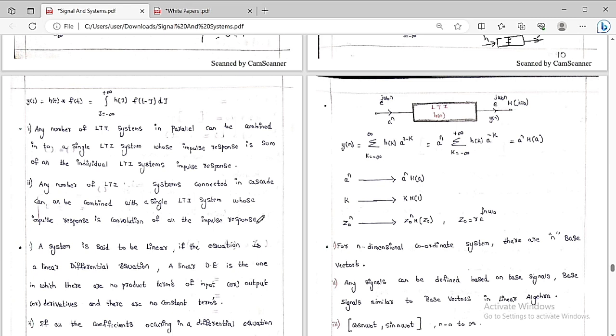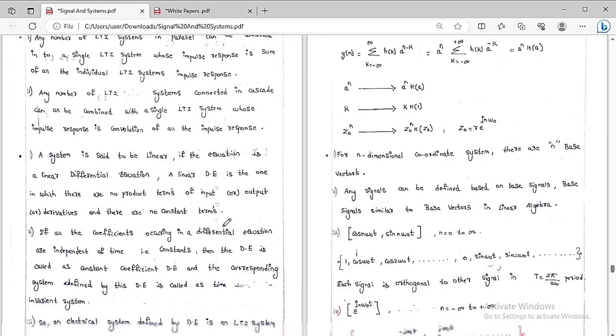So listen carefully: if you have many cascaded LTI systems, then the simplified LTI system's impulse response is the convolution of the individual LTI systems' impulse responses.